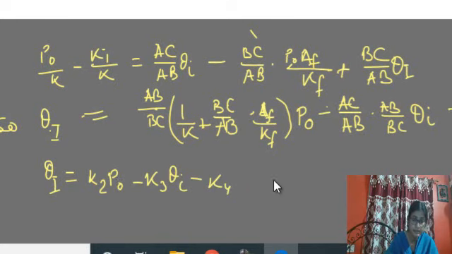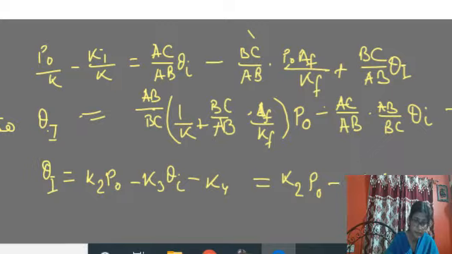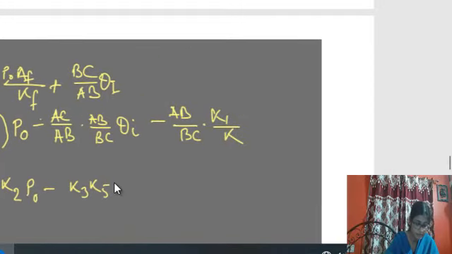Again, this is equal to K2 P0 minus this K3 theta I, which can be written with another constant K5 into the error signal.